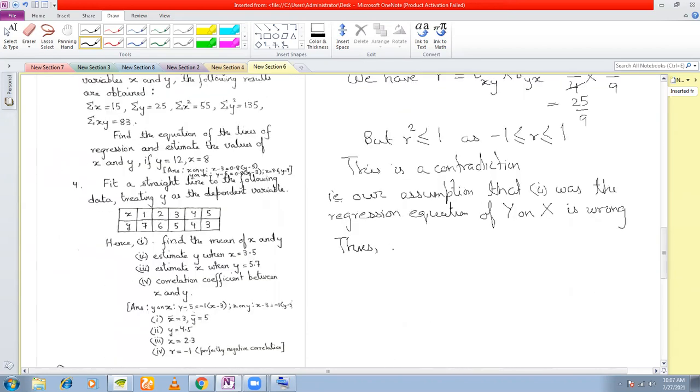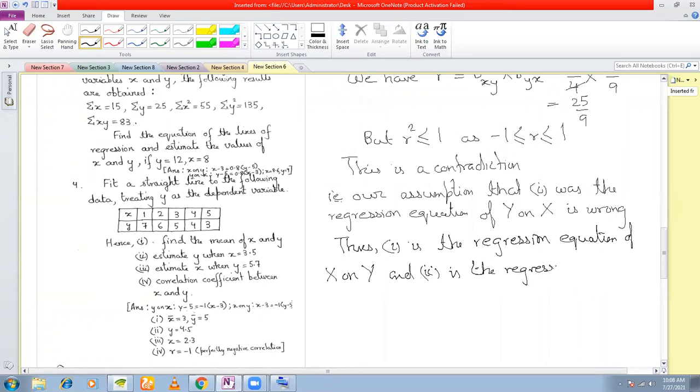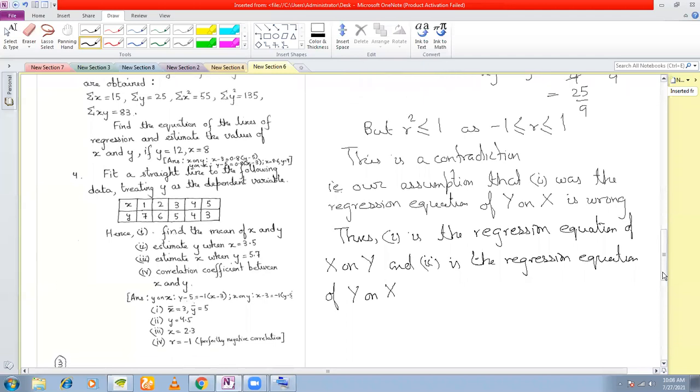Thus, 1 is the regression equation of x on y. And 2 is the regression equation of y on x.